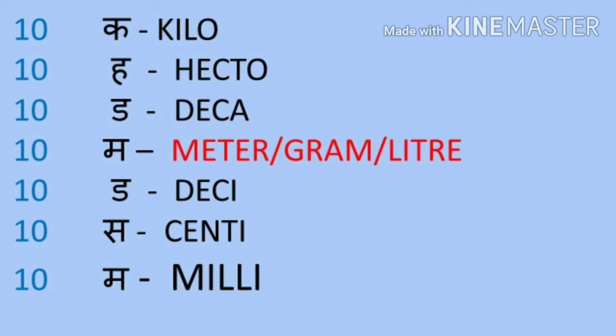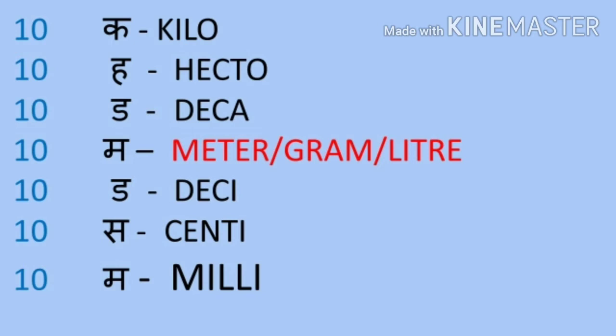Ka is 10, hecto is 10, deca is 10, meter is 10, deci is 10, centi is 10 and milli is 10. Also, this is arranged in descending order. K, yani kilo, has the largest value and the last one, Ma, milli, has the least value. As you can see, the middle Ma may have three values, meter or gram or liter.